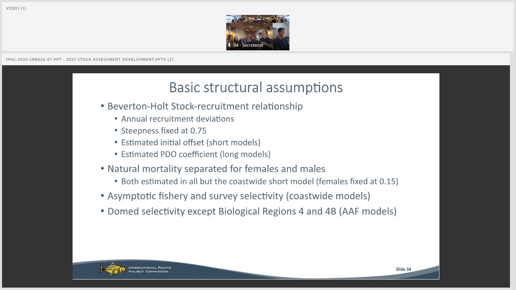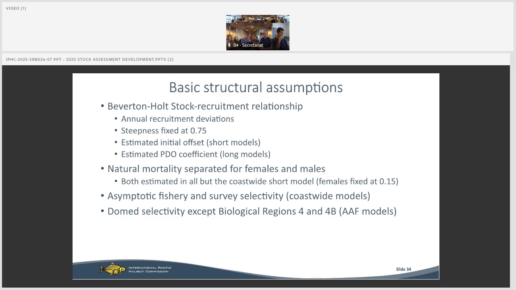So as I mentioned, the other features of the stock recruit relationship are the initial offset, which is for the short models. And again, that's essentially the magnitude of the plus group in year one is affected by the initial offset.